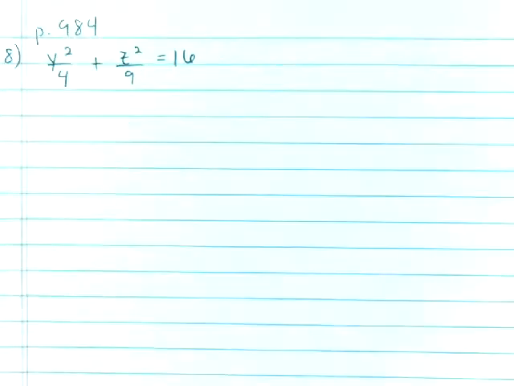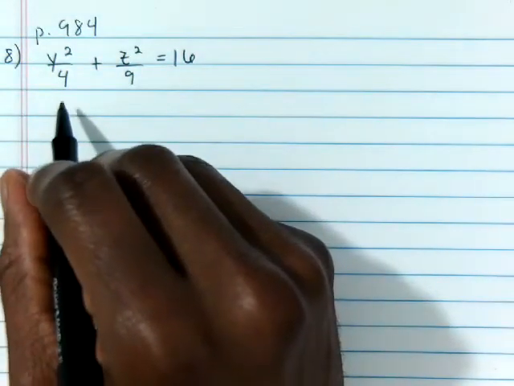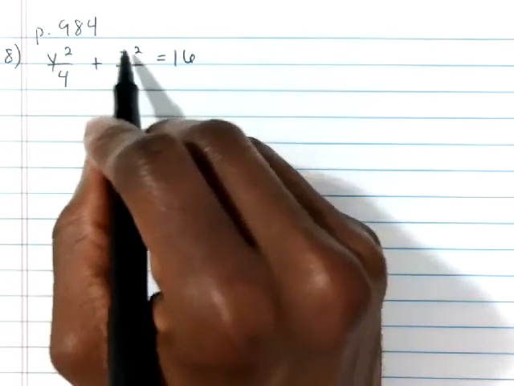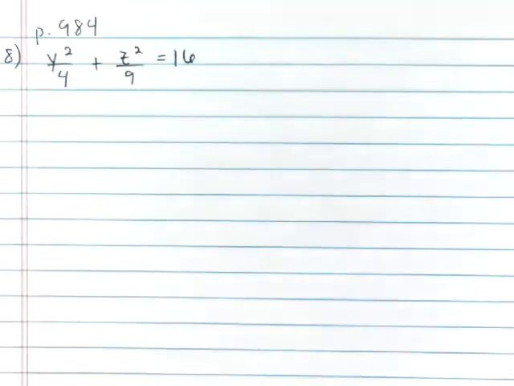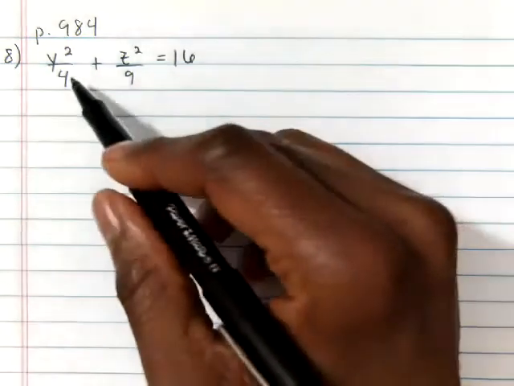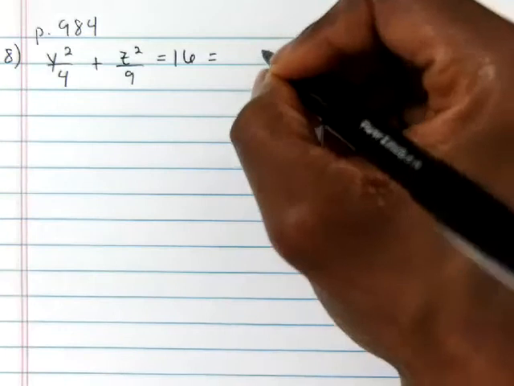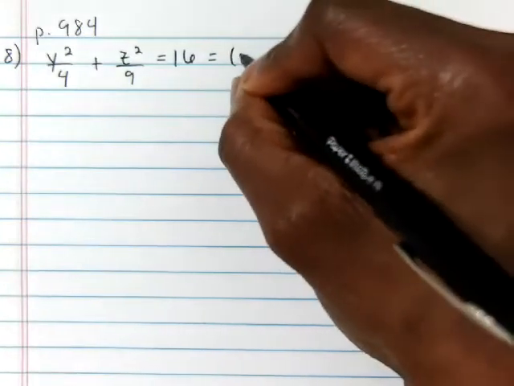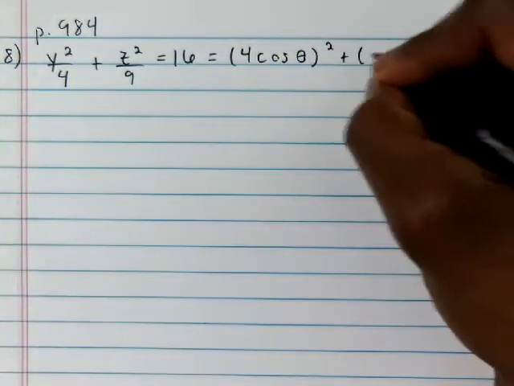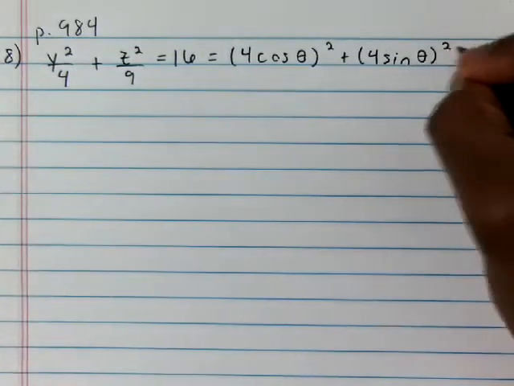So if we use that rationale and decide to do a change of variable here, then we can rewrite this as y squared over 4 plus z squared over 9 equals 16, which equals, from our favorite trig identity, 4 cosine squared theta plus 4 sine squared theta.